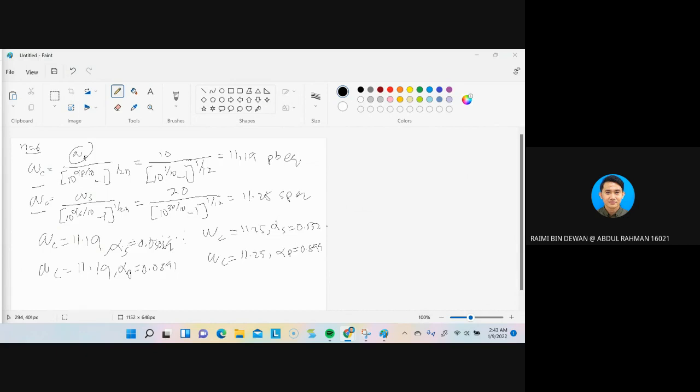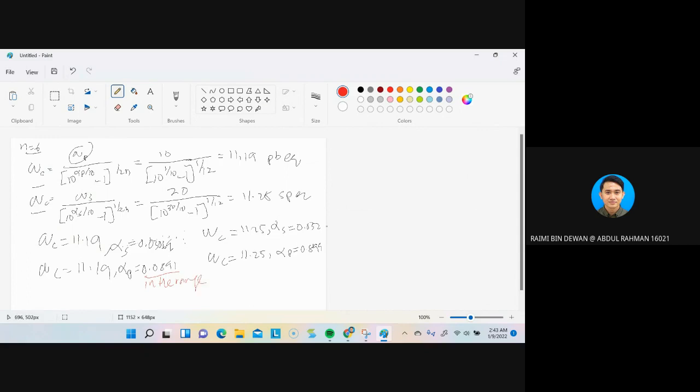Now you can see for the alpha p, the passband required is between 1 to 0.891. So this one is in the range.